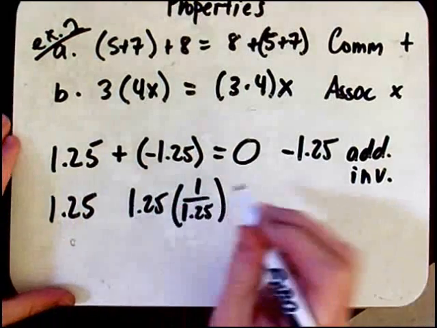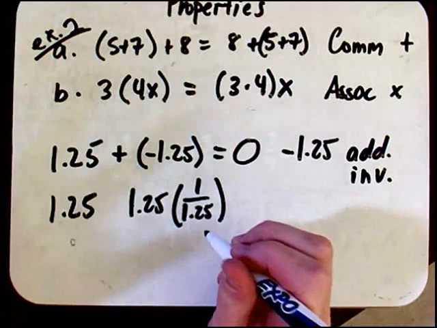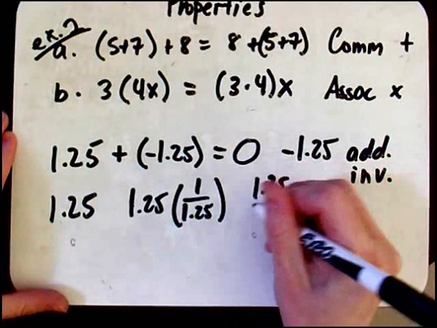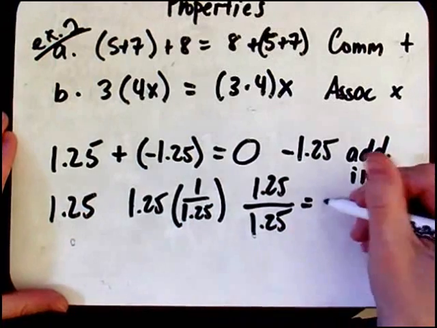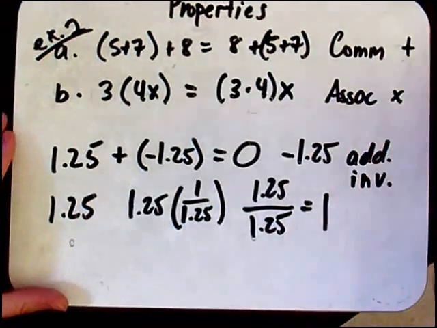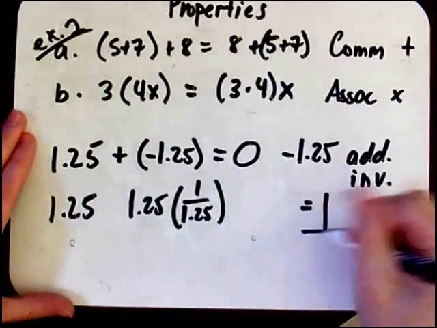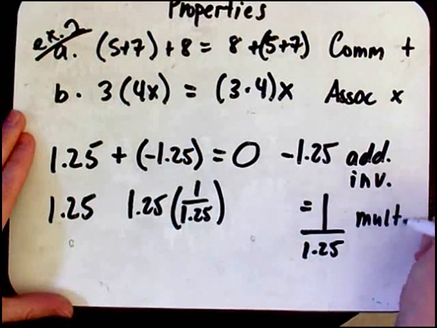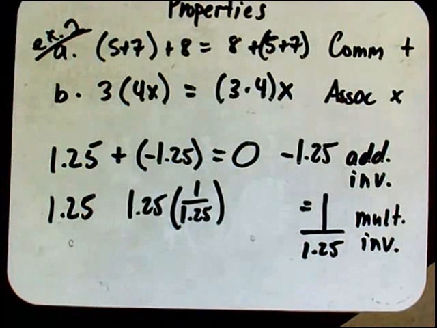Then we multiply across, 1.25 times 1 is 1.25, over the denominator of 1.25. So 1.25 over 1.25, and when we reduce, that equals 1. So we can say our multiplicative inverse is 1 over 1.25. So that is example 3 on page 13.